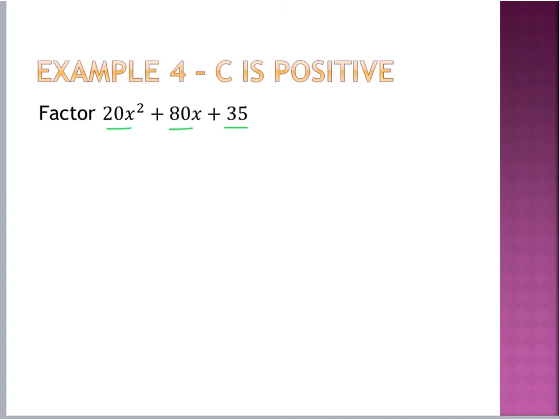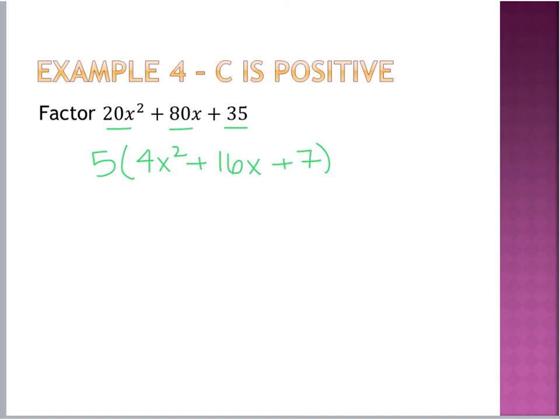If I look at the numbers 20, 80, and 35, I notice right away that I can factor a 5 out of all of these. So I can take a 5 out of 20, which gives me 4x squared. 5 goes into 80 16 times, so here I have 16x, plus, and 5 goes into 35 7 times.